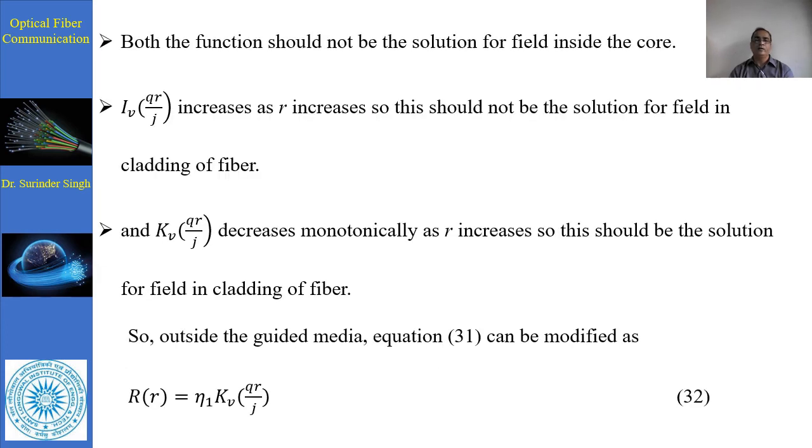Now, of these two functions, I v of qr upon a increases as r increases, so it should not be the solution for the field in the cladding of the fiber. K v of qr upon a decreases monotonically as r increases, so this should be the solution for the field in the cladding.